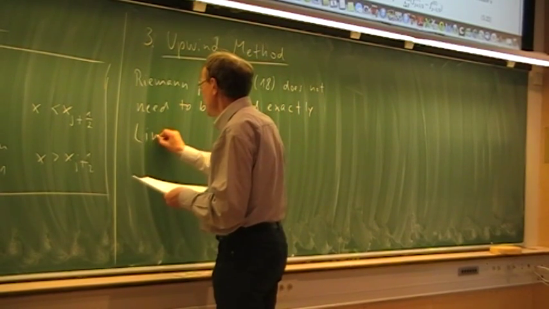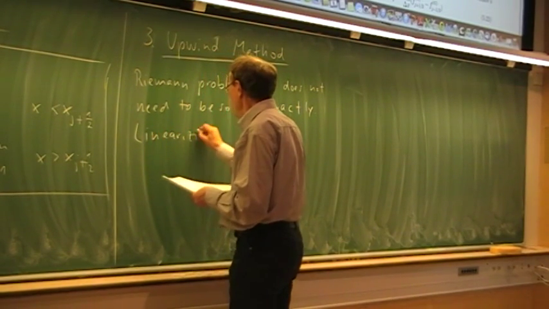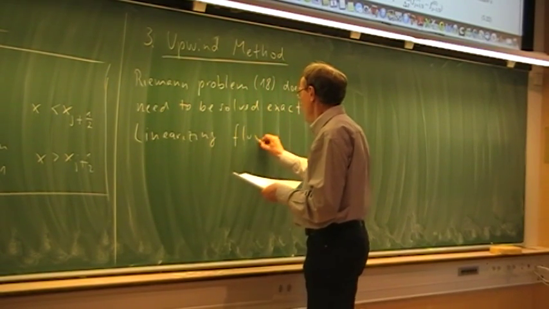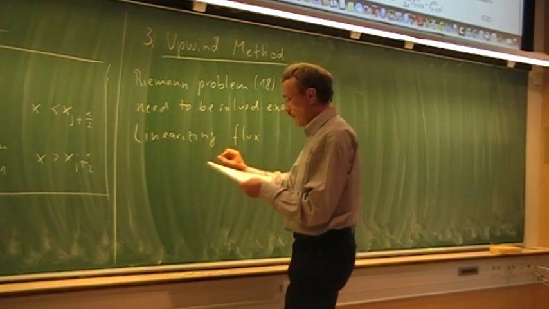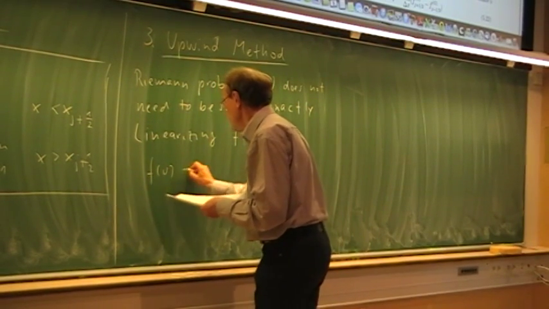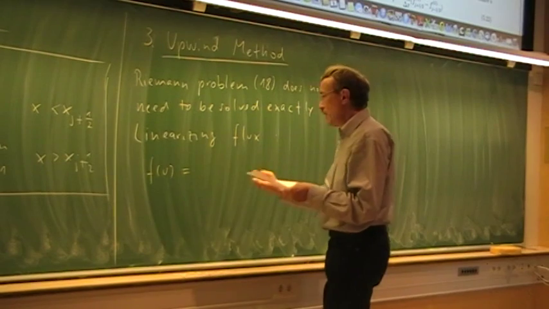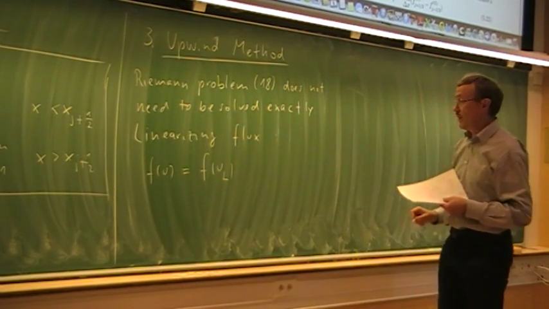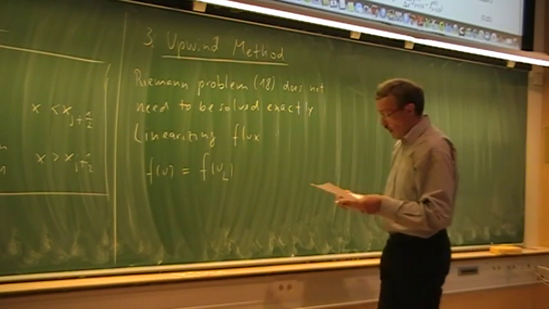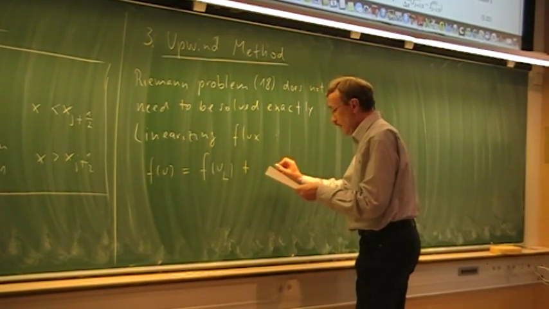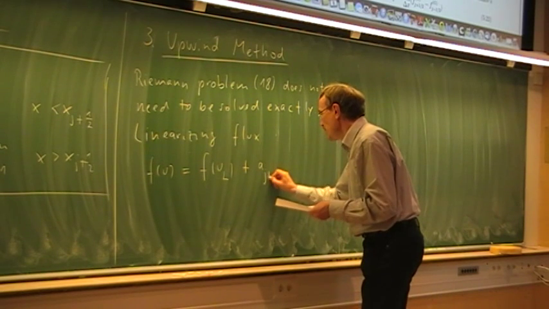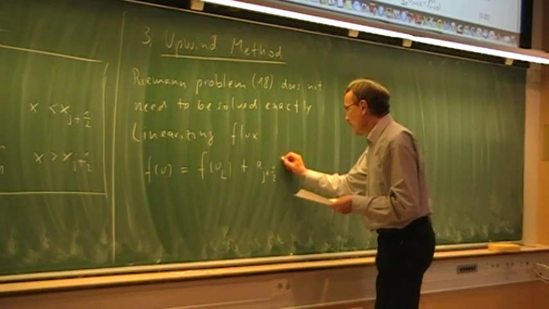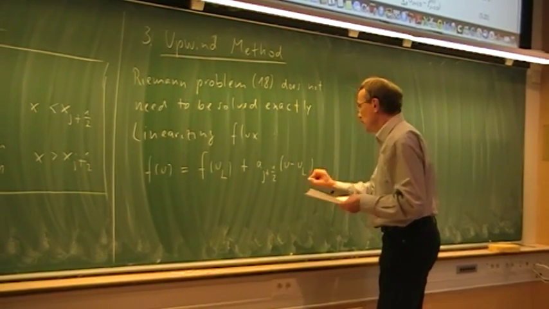So his idea was linearizing the flux function. That is, he was assuming that we can represent the f of u as the f of u_L, that is the L there that we have been discussing, plus a characteristic speed that he determined in a clever way, times u minus u_L.